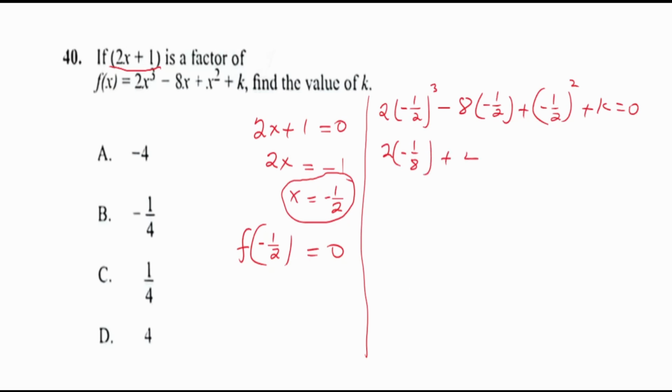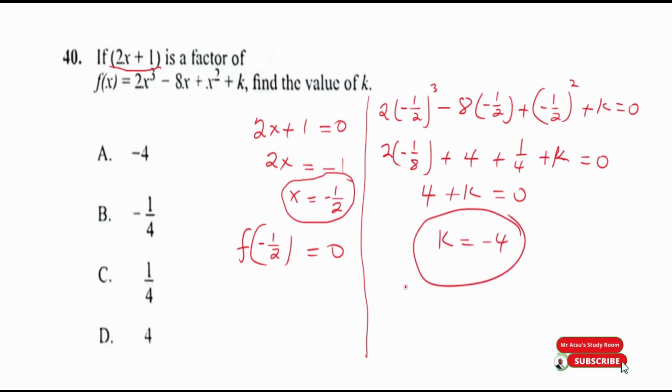This should give us 4 plus 1/4 plus k equals 0. Then putting the whole of this into your calculator, you are going to get 4 plus k equals 0. Subtracting 4 from both sides, k will be equal to -4. And looking through the options, that is option A.